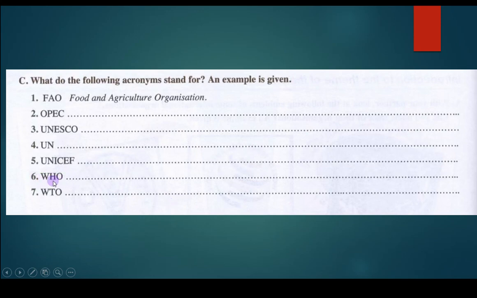WHO World Health Organization. يعني منظمة الصحة العالمية. And 7, WTO, World Trade Organization, اللي كنا شفنا اللي هي منظمة التجارة العالمية.